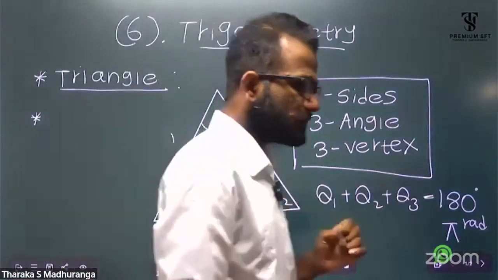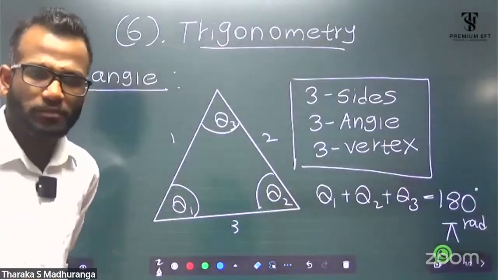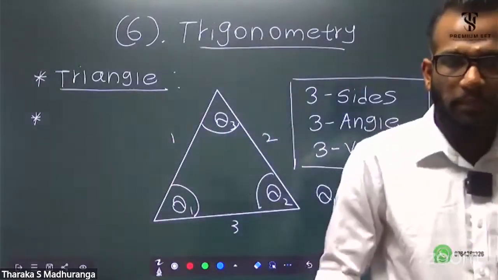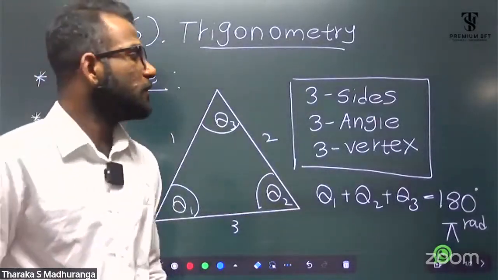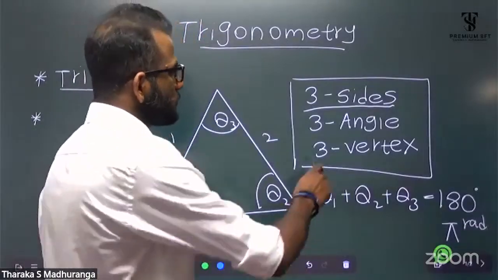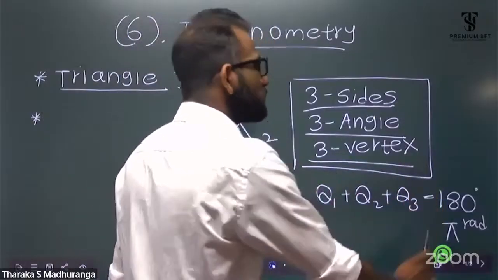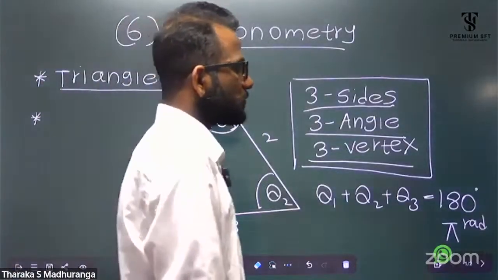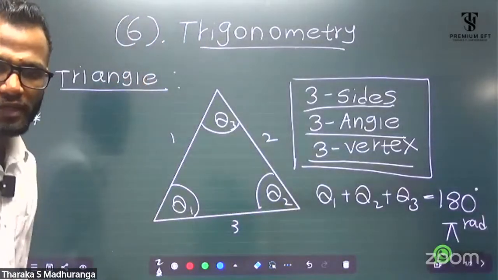A triangle is a 2D shape with 3 sides, 3 angles, and 3 vertices.